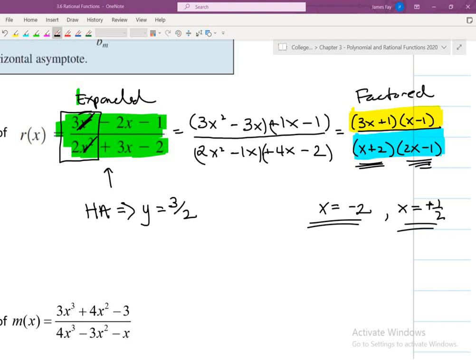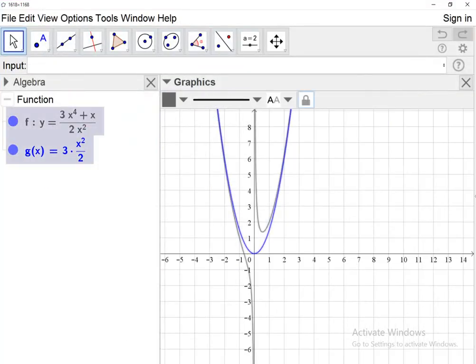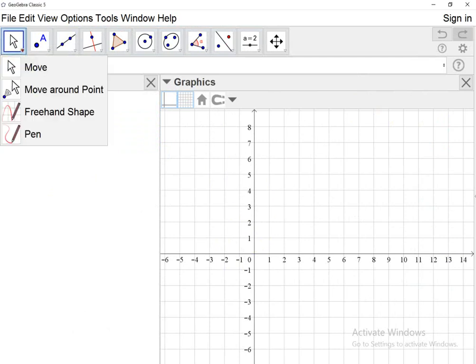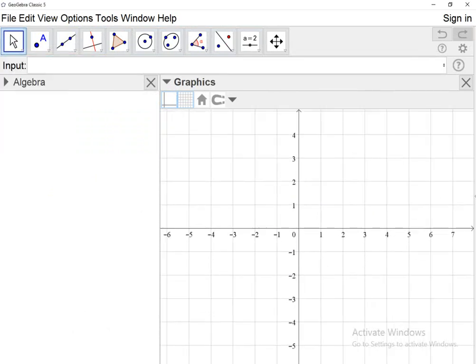What that does for us, if we go into a graphing scenario, whether we're doing this by hand on paper, Desmos, GeoGebra, whatever, the first thing that we do when we graph our rational functions is put in those asymptotes.